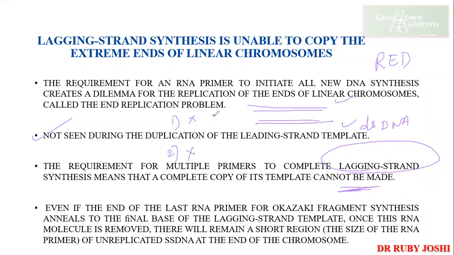The third option was that they are not equal. The daughter strands are not equal to the parental strands in the same direction. Same direction means that it is shorter from here and shorter from here. Then the fourth option was that the daughter strands are not equal to the parental strands in the opposite direction.